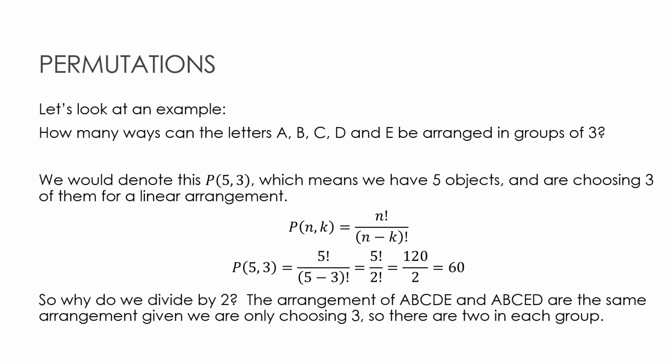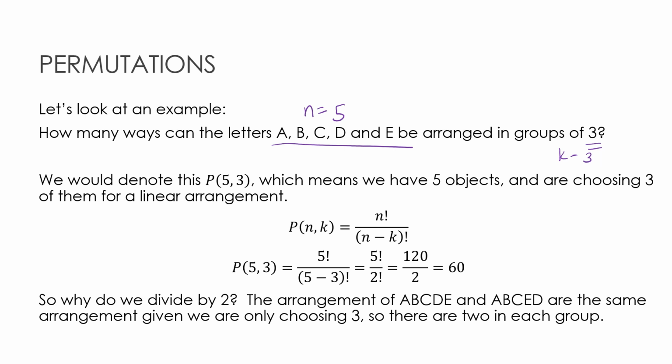So let's look at an example where we can use this new fantastic formula that you should commit to memory immediately. It says, how many ways can the letters A, B, C, D, and E be arranged in groups of 3? So again, I've got 5 letters, and I'm putting them in groups of 3. So 5 would be n, because that's the number of objects that I have, and I want to arrange them in groups of 3, so k is 3.